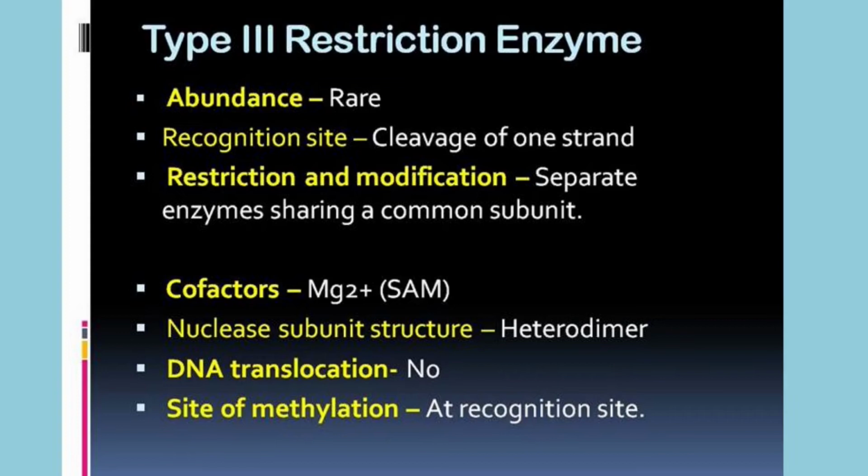They cut the DNA about 20 to 30 base pairs after the recognition site. Its cofactor is magnesium ions, it is a heterodimer, and it does not have DNA translocation. Its site of methylation is at its recognition site.